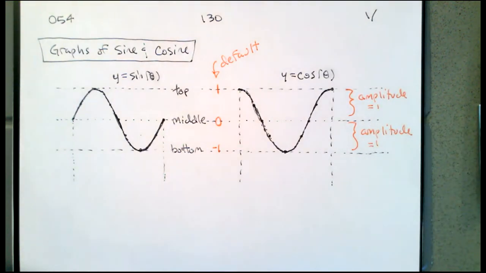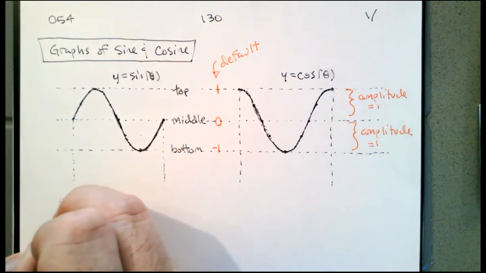The amplitude is the distance from the middle to the top or the middle to the bottom. So the bottom is at -1, but the distance from the middle to the bottom is going to be 1. Our amplitude is going to be a positive number.